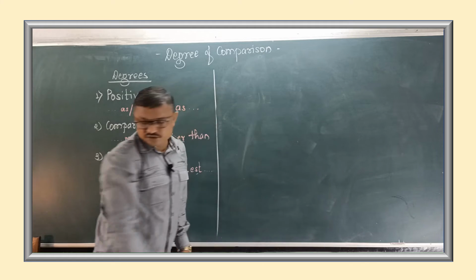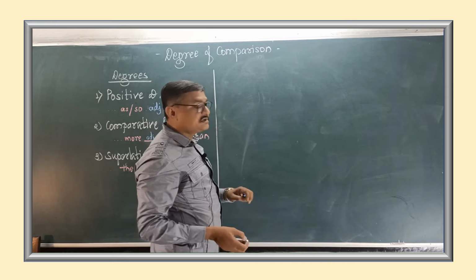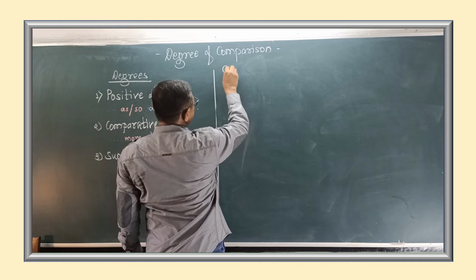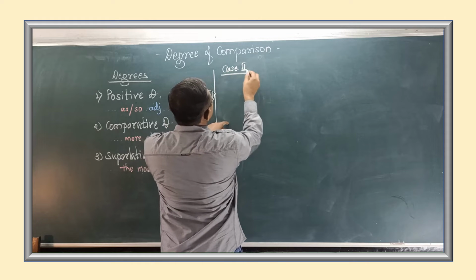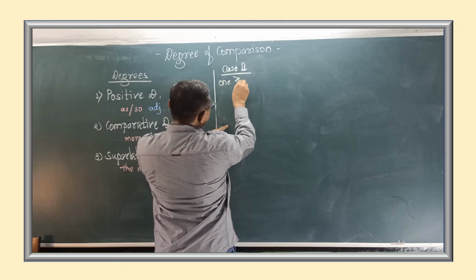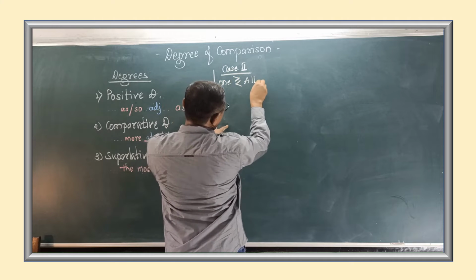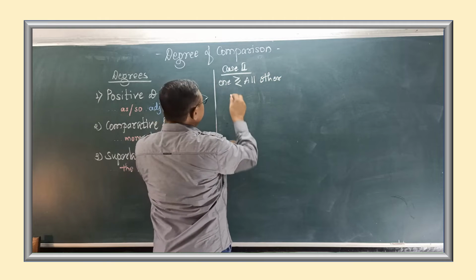Otherwise, it confuses the students in understanding the nature of these two cases. Case 2: here, one object is compared with all others. Its diagram will be like this.